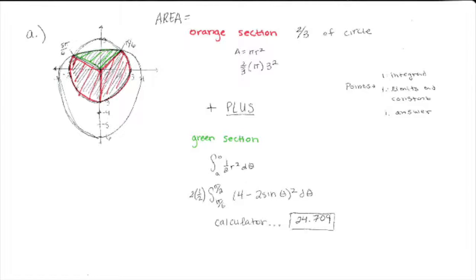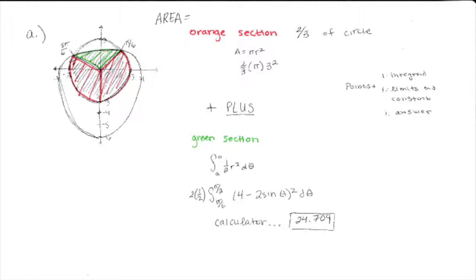Okay, so here I have a rough sketch of the graph that they gave us, and you can break it up into two parts. So there's this orange section which has no intersection of the two graphs, and it's just the circle. And then there is a green section which is the area of 4 minus 2 sine theta.